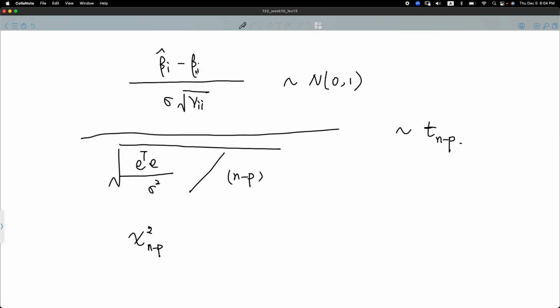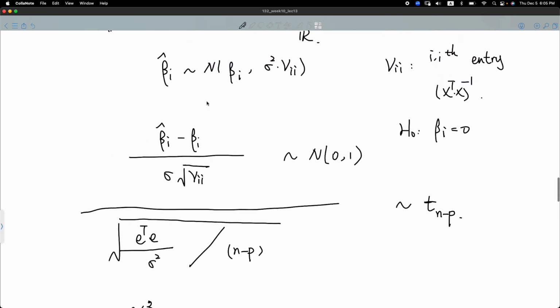And then the beta i, the true value, under the null hypothesis equals 0. So this one has been set to 0. And then the v_ii is coming from the ith entry from this part here. But this one only involves data. So that means you are able to get the ith entry from your data.